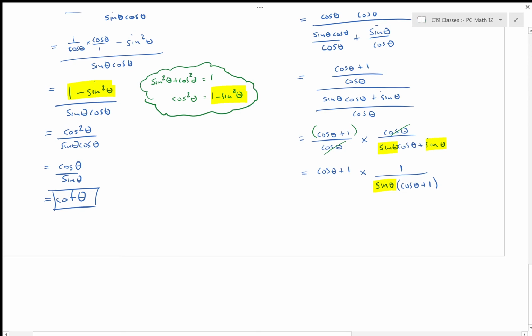So if I take sine theta out of sine theta cosine theta, I'm left with cosine theta. And if I take sine theta out of sine theta, I'm left with 1. Now what this does is it creates this situation where I have cosine theta plus 1 in both of these things. Okay? And that leaves me with just 1 over sine theta.